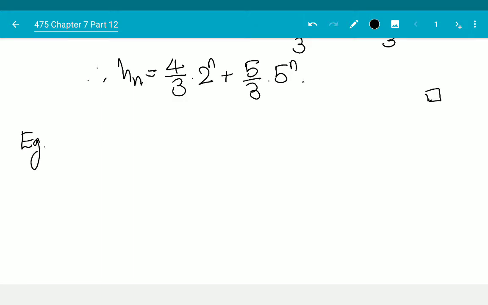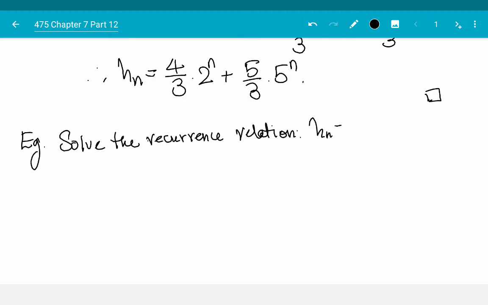Solve the recurrence relation h of n is equal to 5 h of n minus 1 plus 5 to the n, this time n greater than or equal to 1. And I'm just going to write h of 0 is equal to, again, 3. Okay, so a similar looking problem.